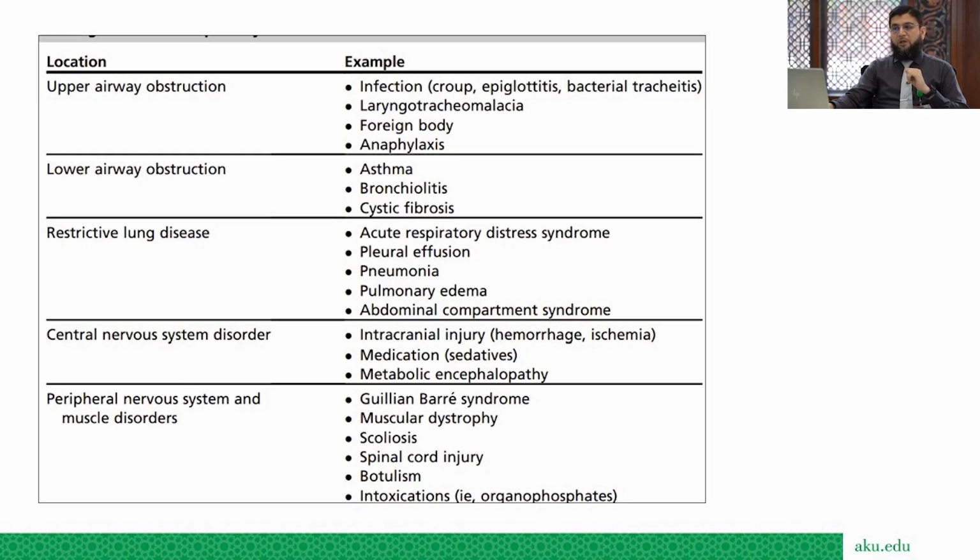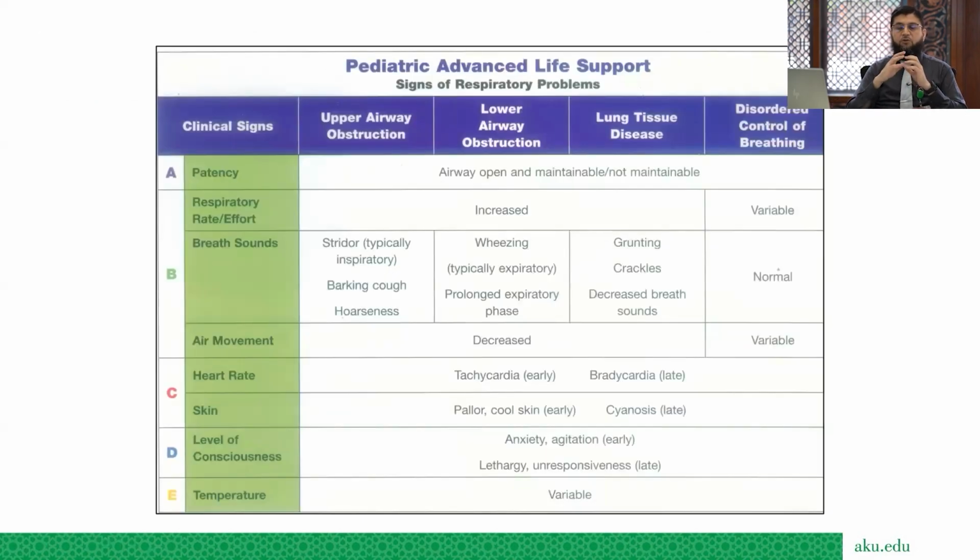So coming on to the different signs of respiratory problems now, through which you can identify whether this is an upper airway, lower airway, or disordered control of breathing. There are several signs which you can identify during the examination, and you can differentiate, for example, in the upper airway obstruction, you can hear the stridor.